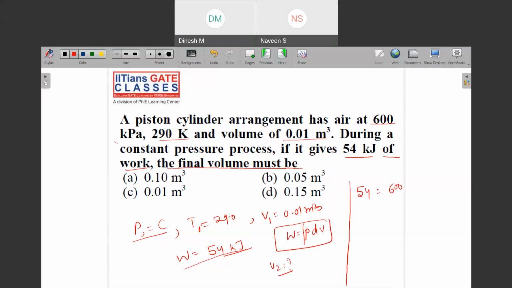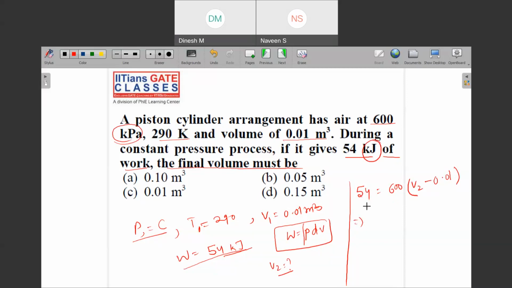We should always try to track units like kilopascal and kilojoule, so that we need not convert units. Since it's a constant pressure process, W is P into V2 minus V1, where V2 is asked and V1 is given as 0.01. Let us solve this one.